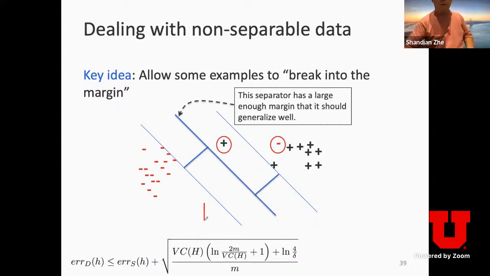This term, the second term, can be small, right? And overall, the training error plus this gap term can give you a tighter generalization error bound. So that's the idea. So let's see, how do we formulate this, right? Okay.